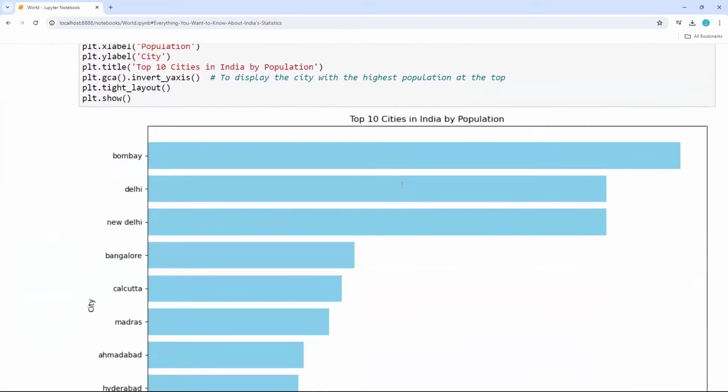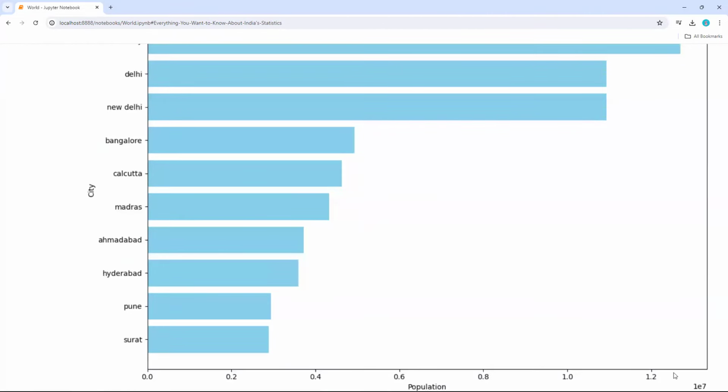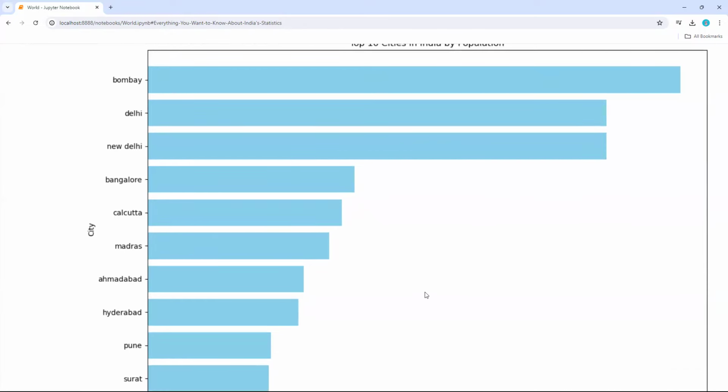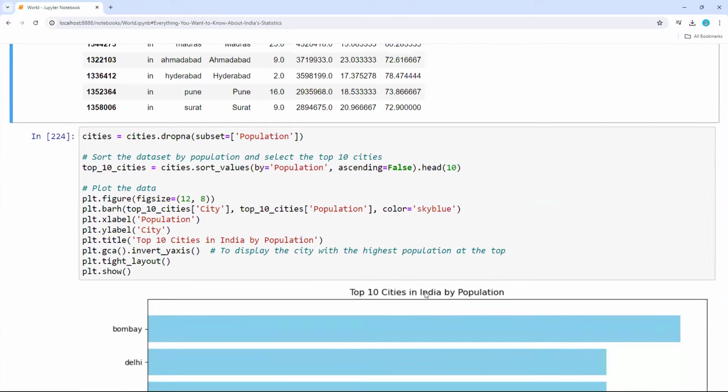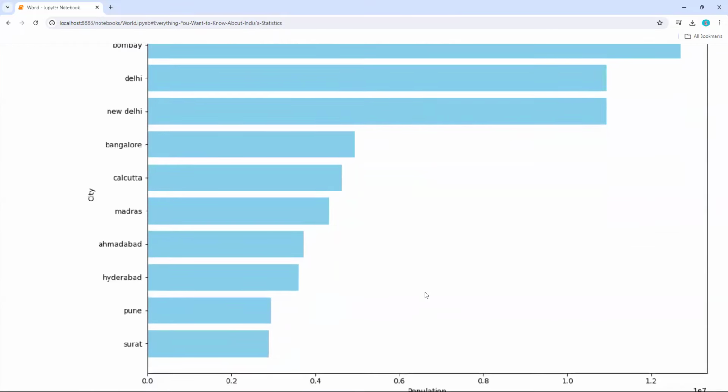Here you can see the Bombay population is around 1.2 or 1.3 crore, followed by Delhi, New Delhi, Bangalore, Calcutta, Madras, Ahmedabad, Hyderabad. So this is a visual representation of the above data set, and this is how you can see the city-wise population in India.